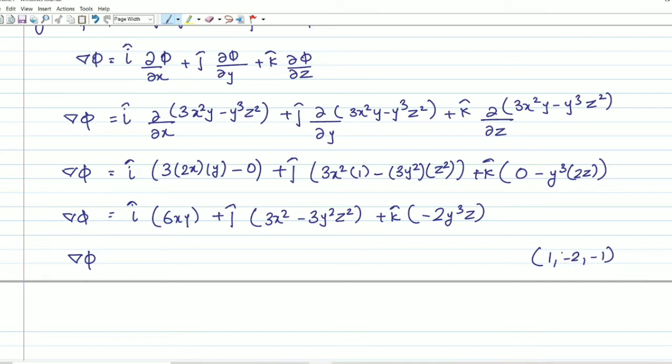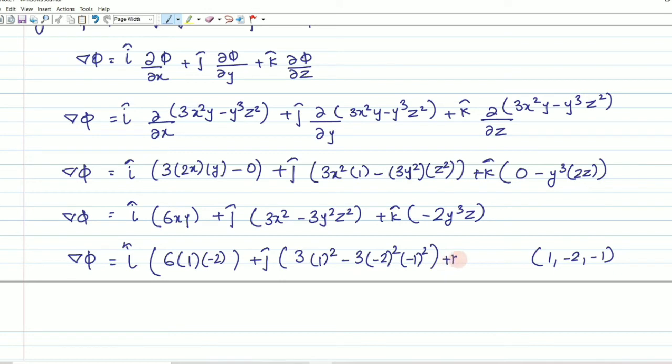Put the value of x equals 1, y equals minus 2, and z equals minus 1 in the above function. i cap 6xy: x value 1 we put, y value will be minus 2. Have all of you understood? Plus j cap 3x square, meaning we put x value 1, minus 3y square will be minus 2 whole square, z square will be minus 1 whole square, plus k cap.